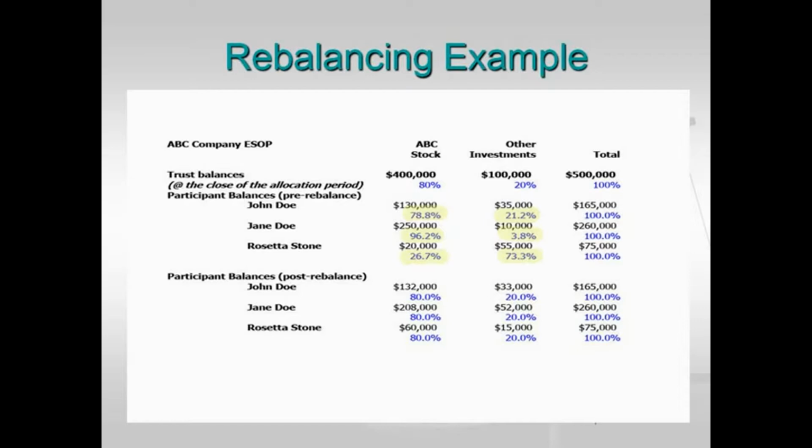After the rebalance, everybody's total amount, so the last column total, is exactly the same in value, but you can see that each person's ratio is 80% stock and 20% other investments, the same as the plan total.